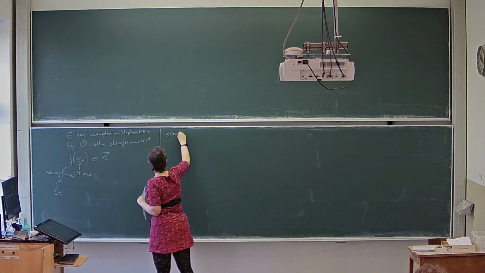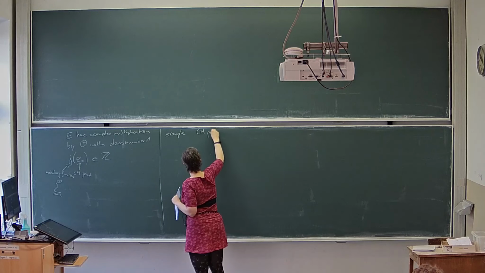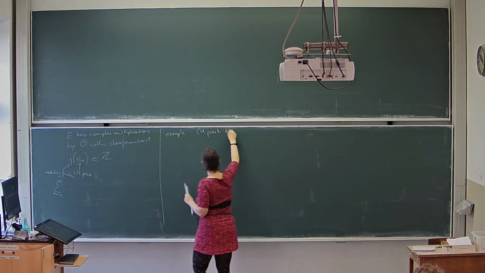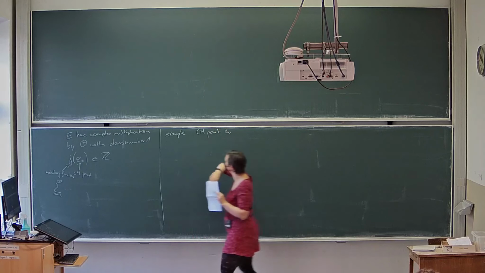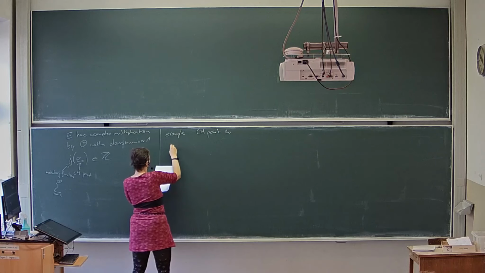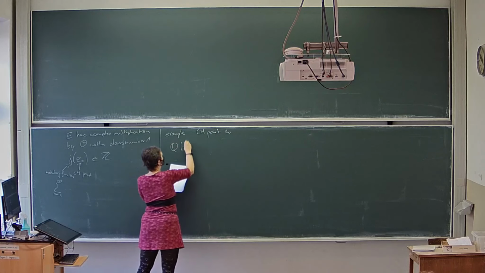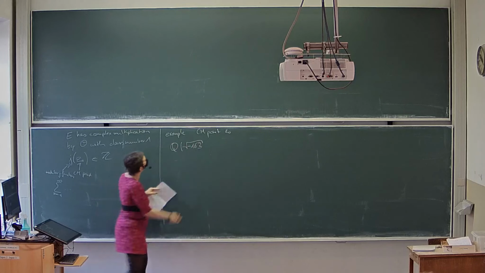With a nice consequence. So we take the following CM point, which belongs to an elliptic curve that has complex multiplication by the ring of integers of Q square root of minus 163.